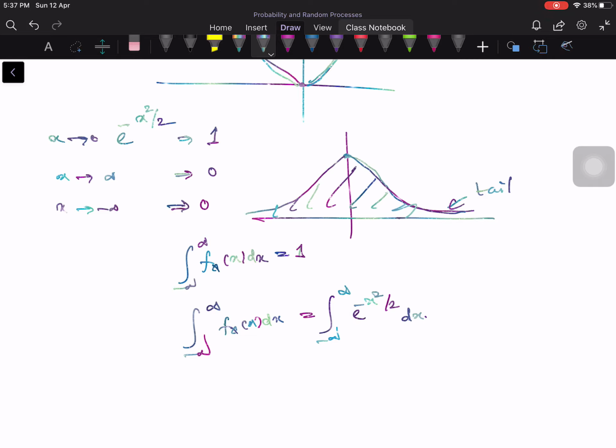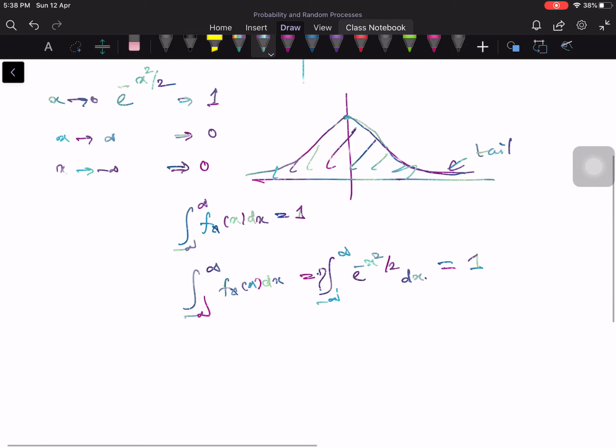Now you just figure out what constant you need to put in front in order to make this integral equal to 1. So how do you evaluate the integral? Either you go to Mathematica or Wolfram Alpha to solve this integral.